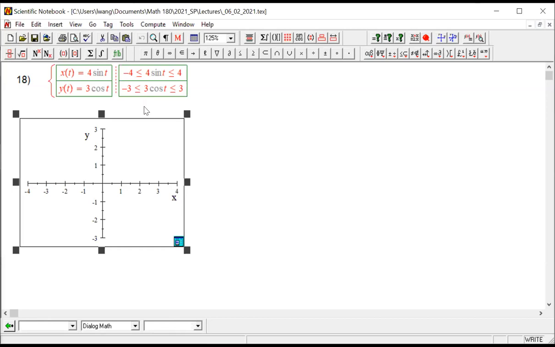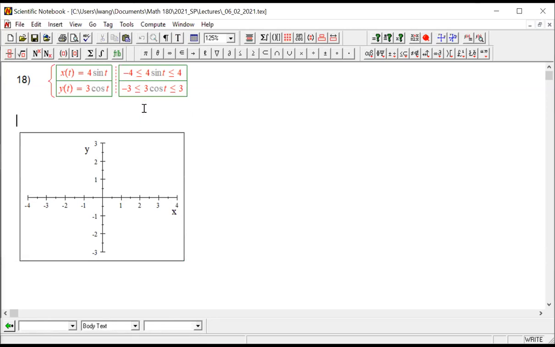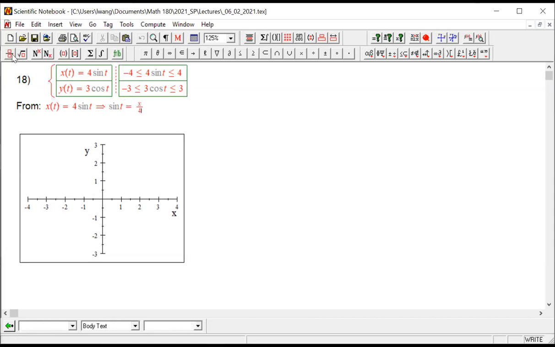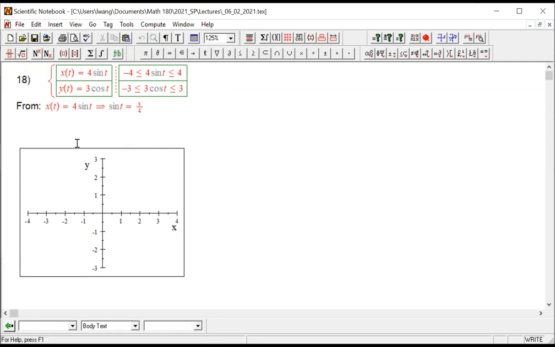And I already told you this is an ellipse. How did I get it? Well, from the first one, we got sine of t equals x over 4, dividing both sides by 4.